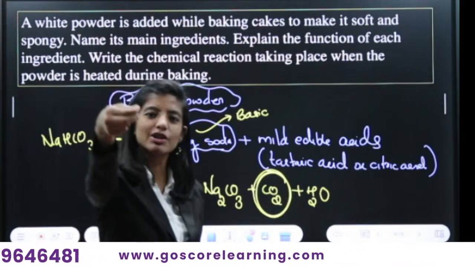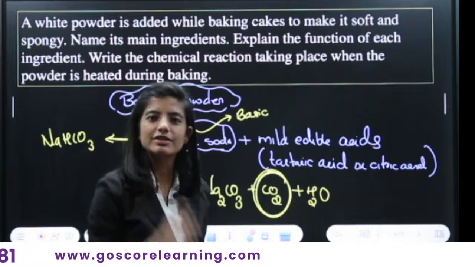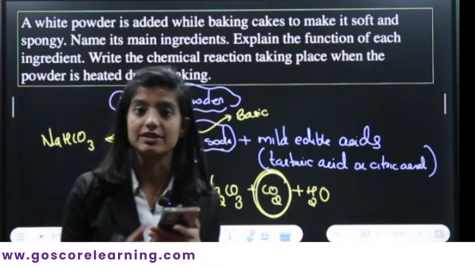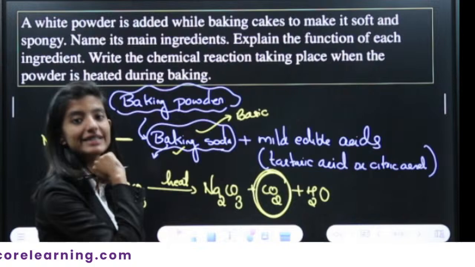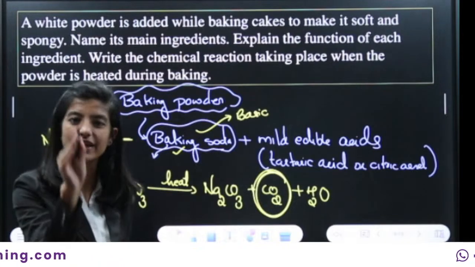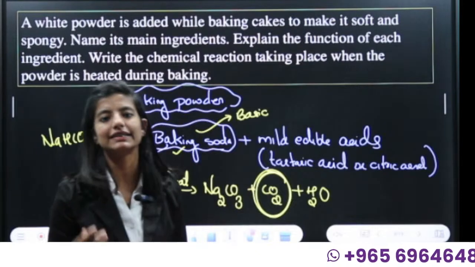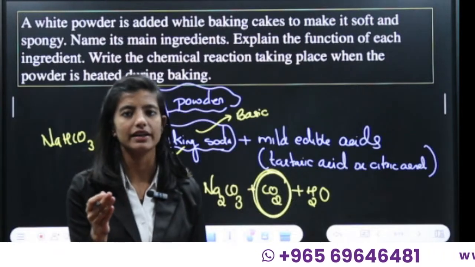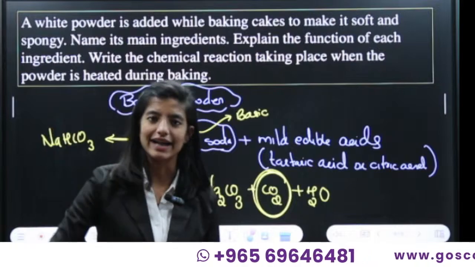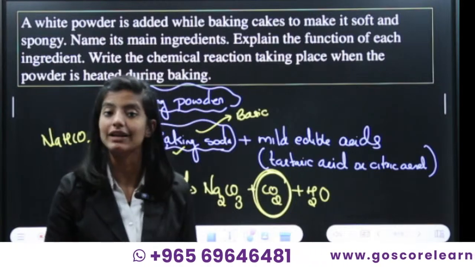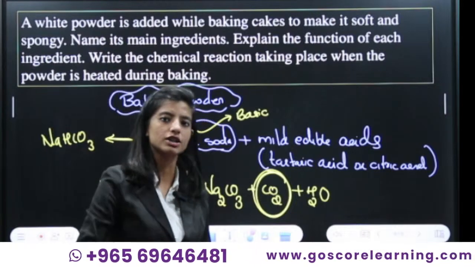Take a pinch of baking soda and just drop it on your tongue. Definitely it will taste bitter. We don't want this bitter taste in our cake. So what do we do? Add some mild edible acids. It should be edible, so don't add toxic acids like HCl and HNO3.